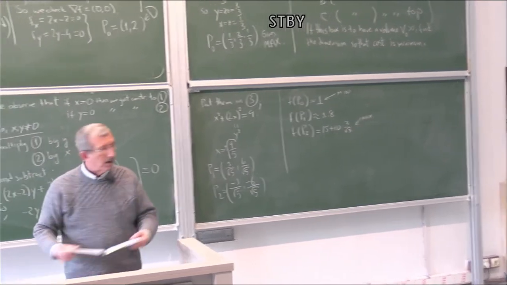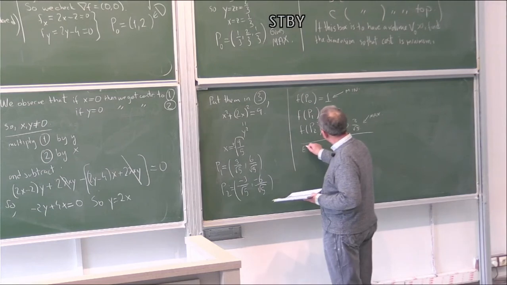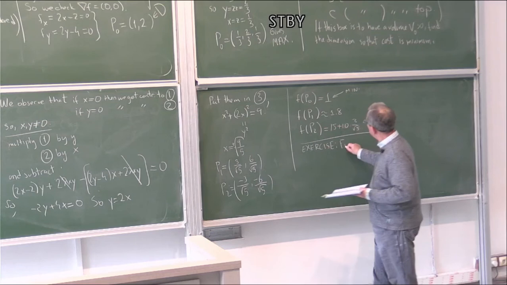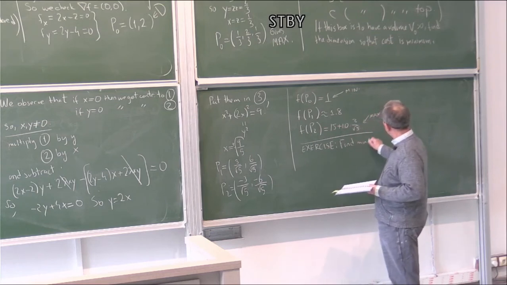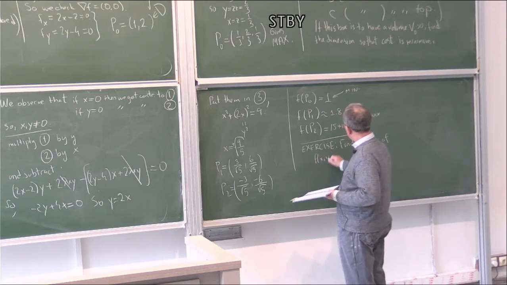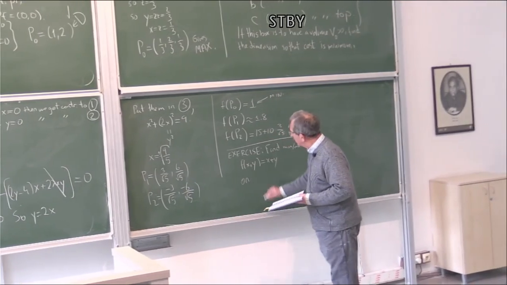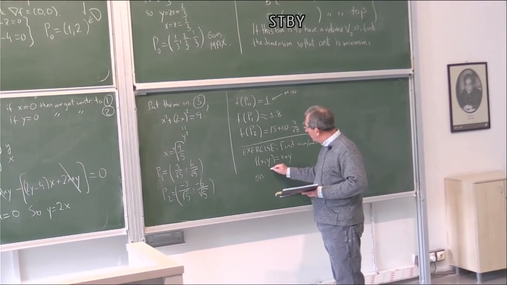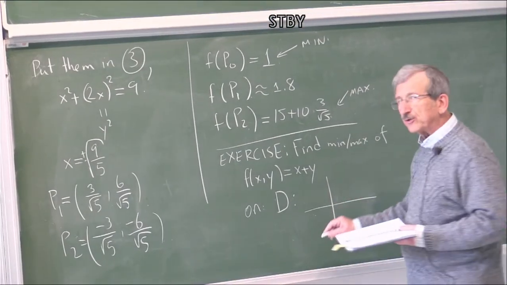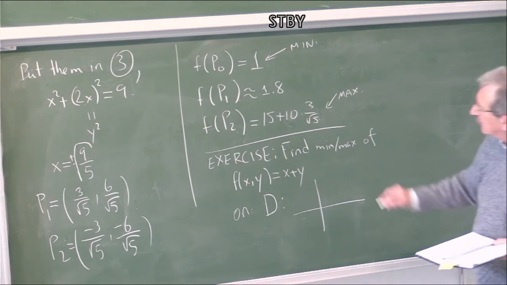Now, before I finish, let me give you an exercise. Find the minimum and maximum of f of x y, which was x plus y, on the domain D, which is this one. Actually, I gave this at the very beginning of our discussion of Lagrange multipliers.